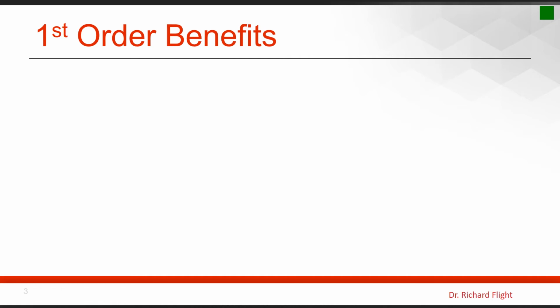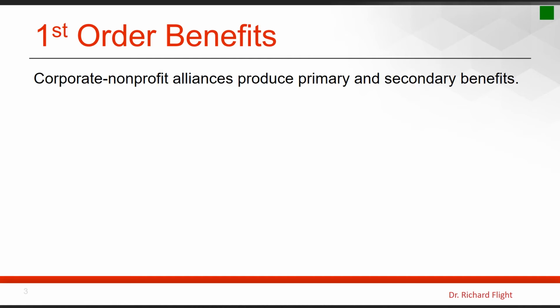Moving forward, we know that there are certain benefits that are provided here as well. So obviously these relationships are formed because each organization wants something out of the relationship. So there are these primary reasons for for-profits and nonprofits to get together.